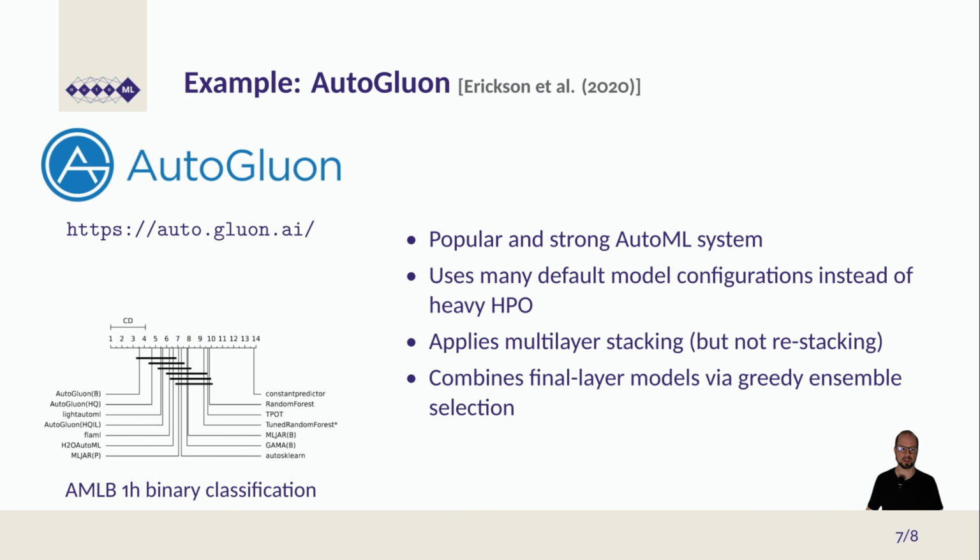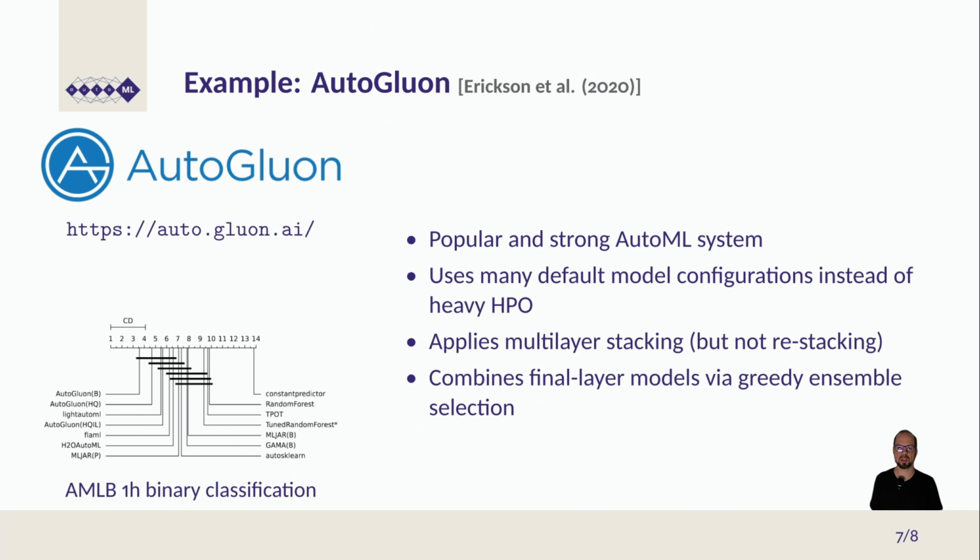Despite these drawbacks, multi-layer stacking is actually really successful in practice, as demonstrated by the tool AutoGluon. AutoGluon was presented in 2020, and since then is among the best AutoML tools that is out there. And it builds on the idea of multi-layer stacking.